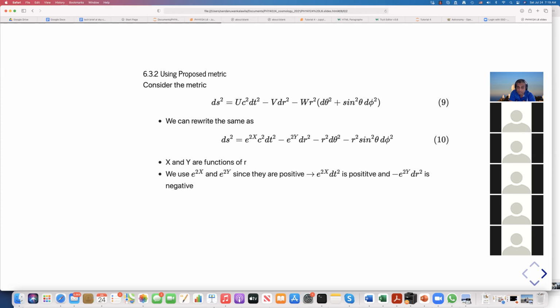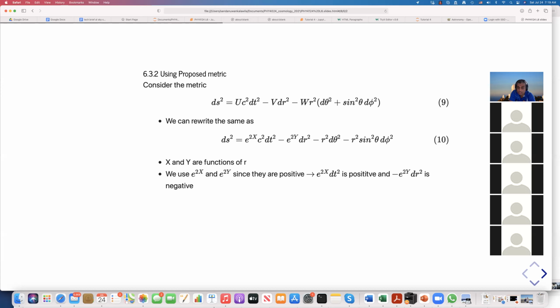As you know, if a and b are functions of r, then both these components x and y should be functions of r as well. The reason that I have the exponential power here is that they are positive, right?